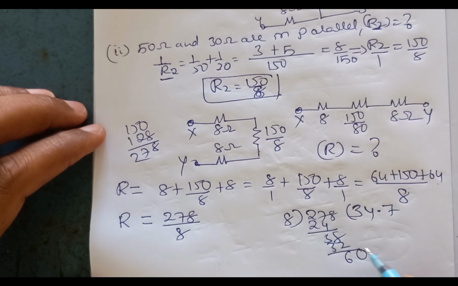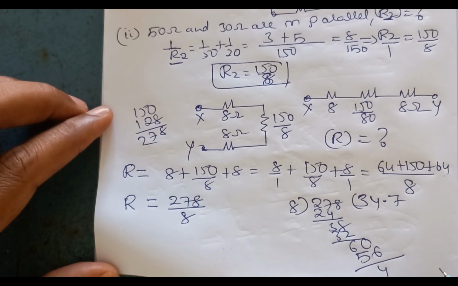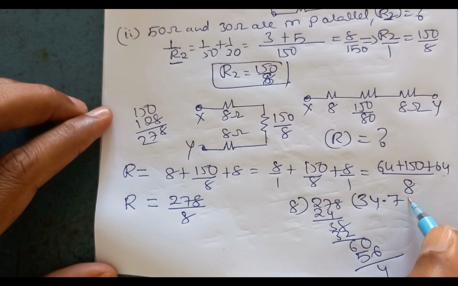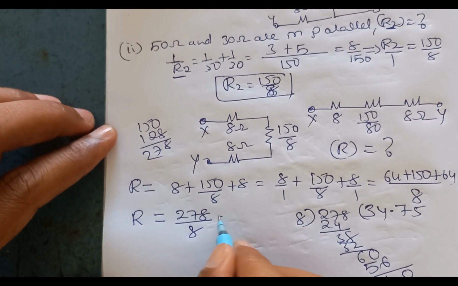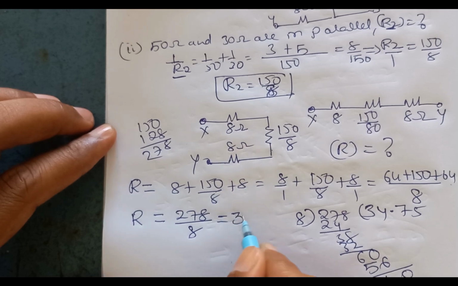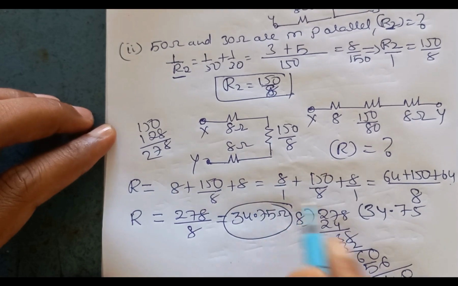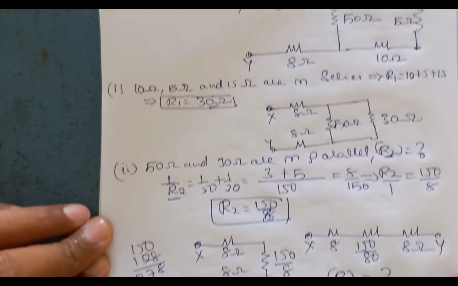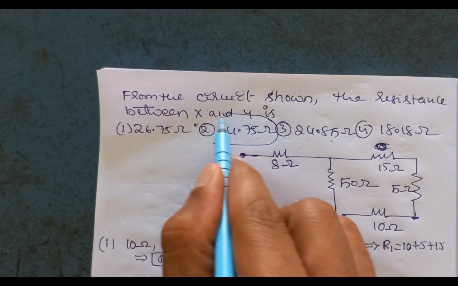Then 0, 8 sevens are 56, and it is 4, 8 fives are 40. So this is equal to 34.75 ohms. This is 34.75 ohms. So you can see this is the option.